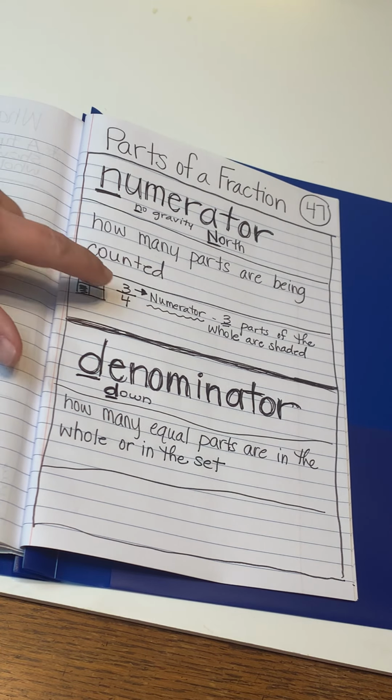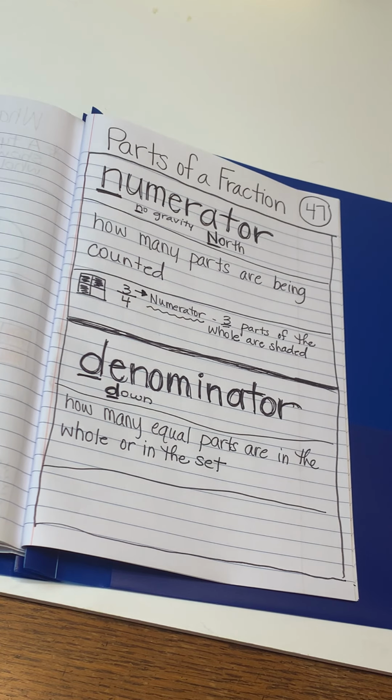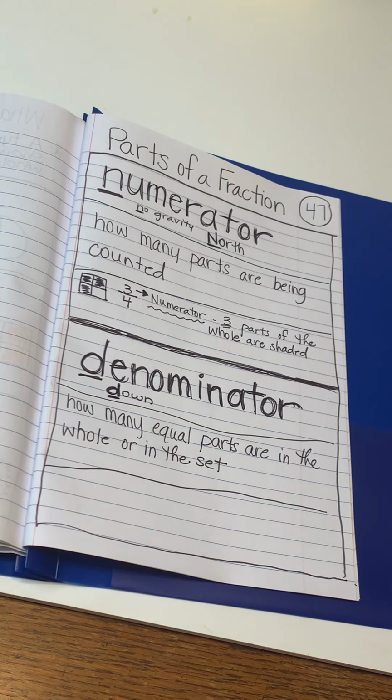Okay, so for this one, the denominator, there were 4 equal parts, so the denominator here was 4. When we did our flowers, there were 3 flowers in the set, so 3 was our denominator. In our candy bar, we split that into 8 pieces, so the 8 was your denominator.